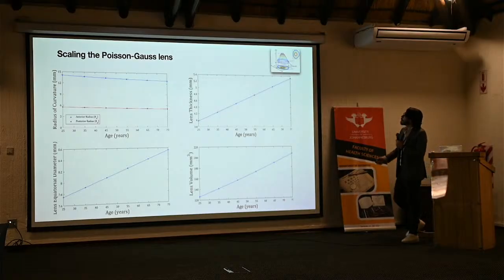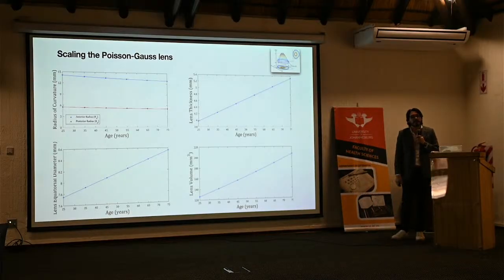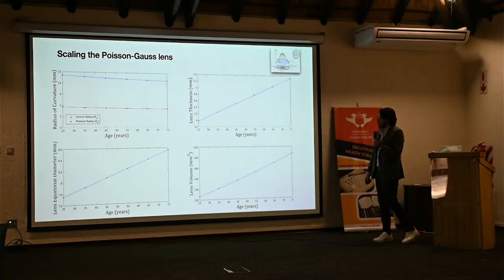And then let me study what happened with the Poisson-Gauss model to the radius of curvature, lens equatorial diameter, lens volume, and lens thickness. So we have taken a Poisson-Gauss lens model that can be considered as a 25 years old lens.